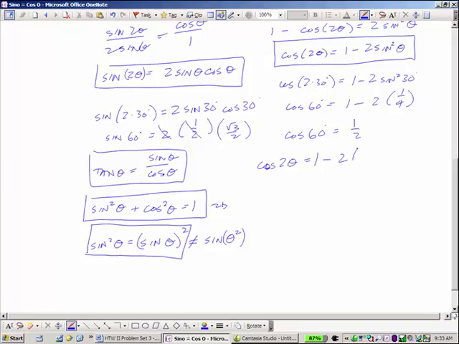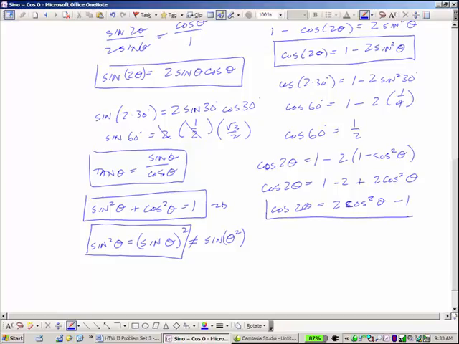So instead of writing sine squared, I'm going to write 1 minus cosine squared. And I'm going to distribute, and I'm going to get another result. 1 minus 2 plus 2 cosine squared theta. 1 minus 2 is? Okay, so another way of writing it would be 2 cosine squared theta minus 1. That's just another way of writing cosine of 2 theta. It's an alternate form.